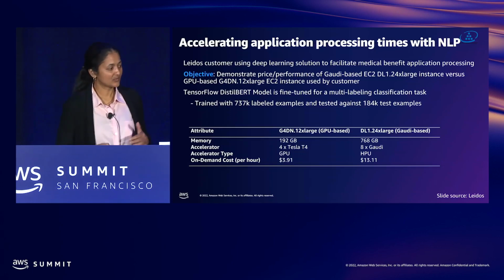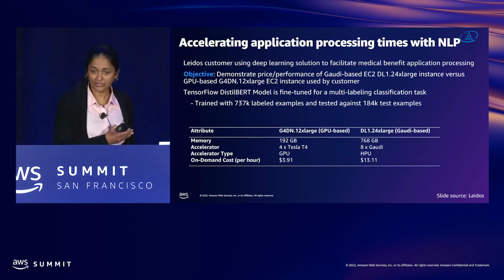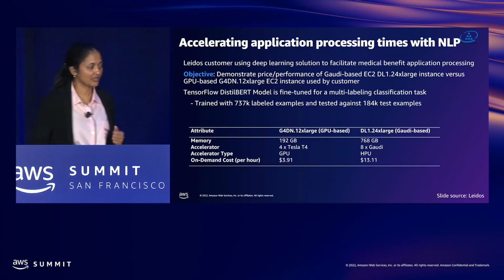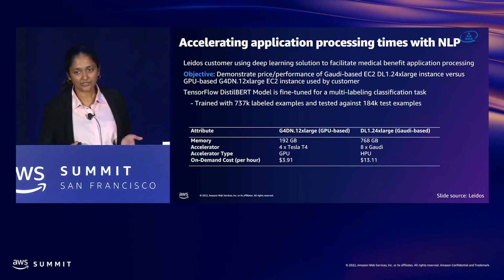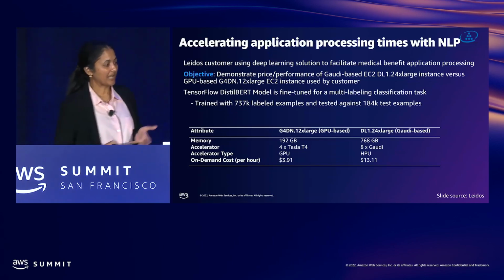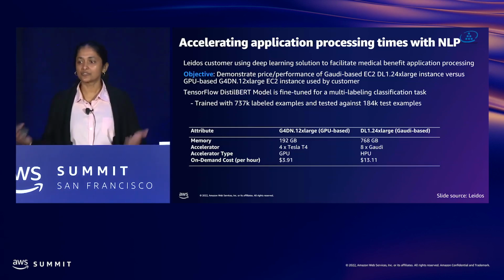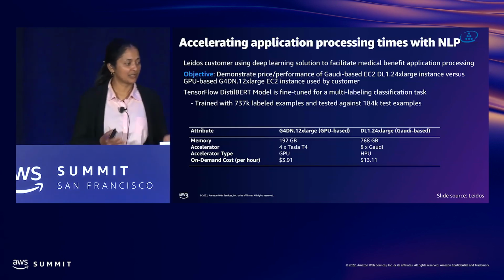Again, the similar objective: can we take EC2 DL1 and demonstrate the cost performance advantage? The customer is using a GPU G4DN 12x large instance. How do we show that there is a cost benefit to the customer in terms of moving to DL1?